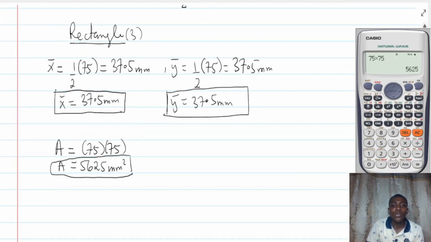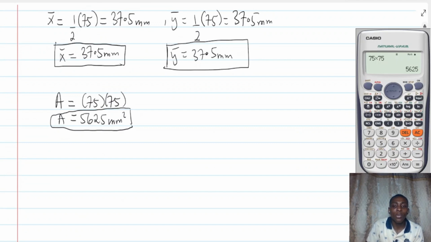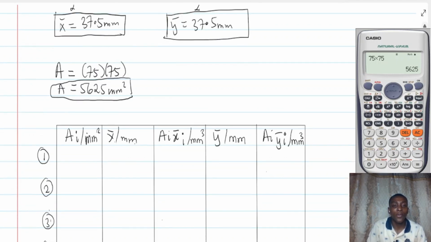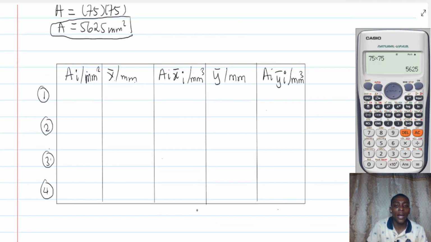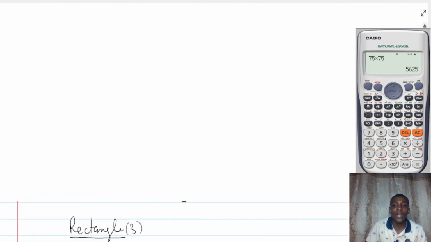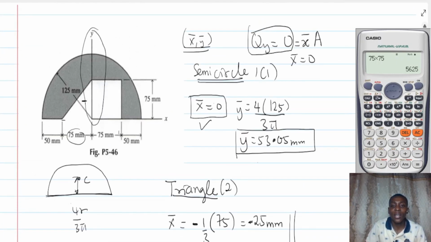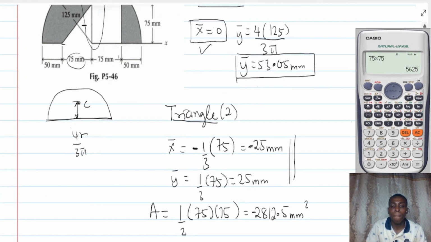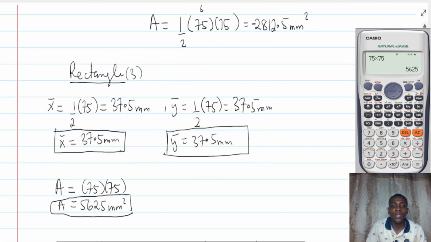So now I want us to put everything we have into a table. Let's quickly do that. All right, so there we are with our table. We are going to complete this table by the areas given to us. Starting from the first area, we will look at the semicircle. Oh, we didn't calculate the area of the semicircle.